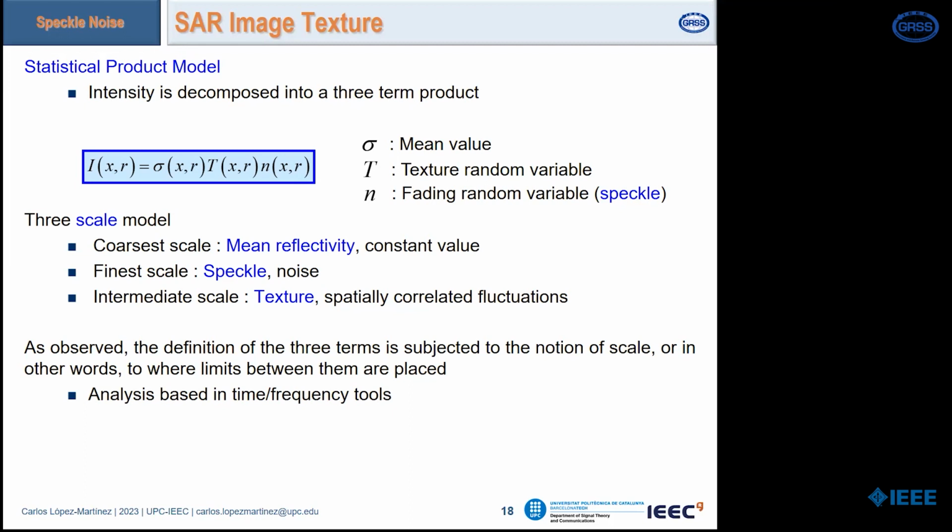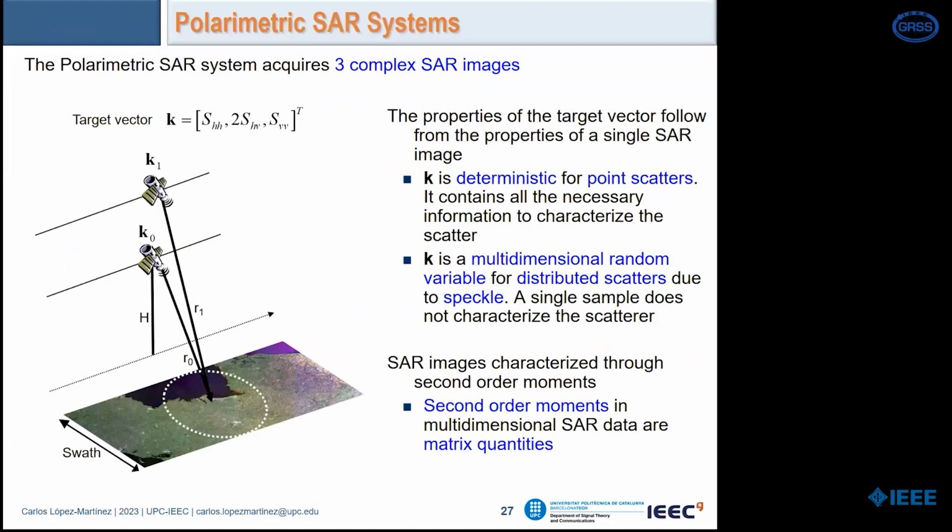So, we have analyzed speckle in one single image. But remember, polarimetry is a collection of images, a vector. What happens in that case? When we are in a multidimensional signal, we have a vector HH, VV, HV.